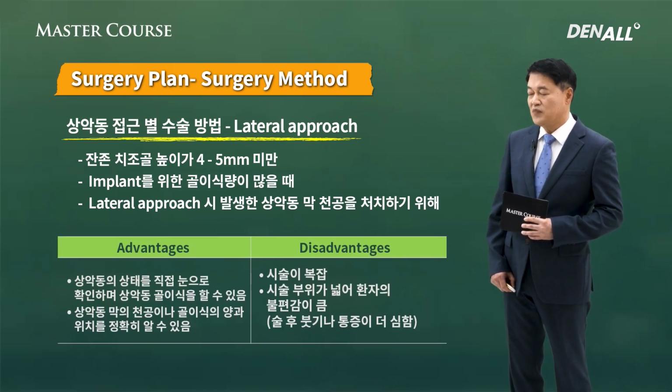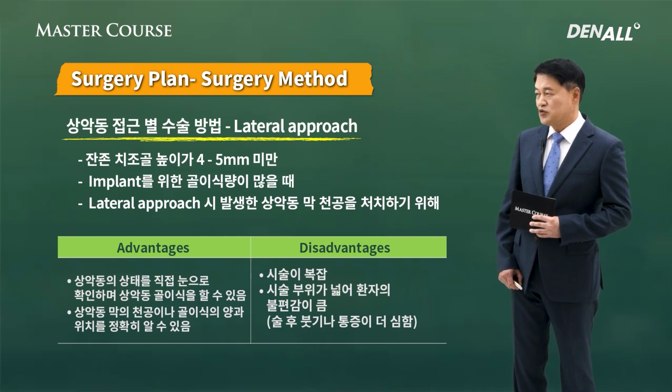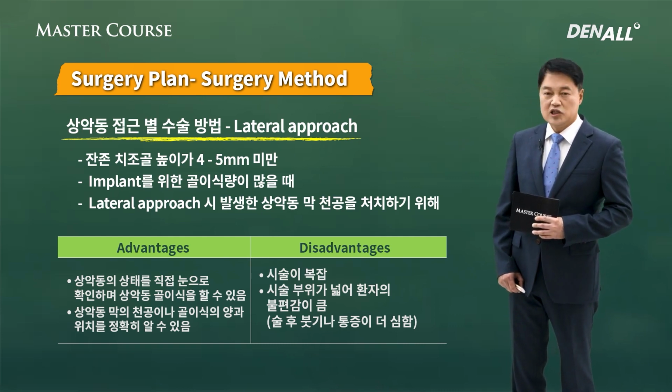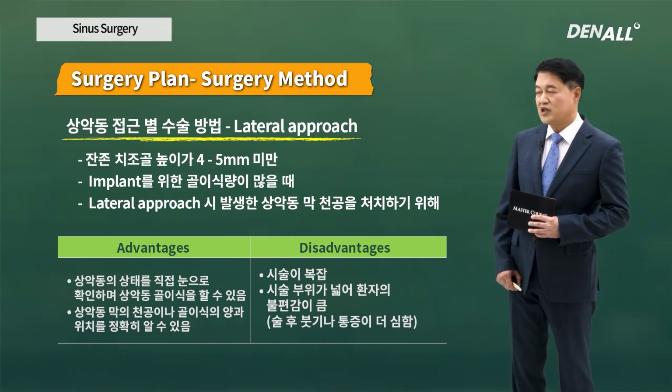Also, you can check the perforation and see the amount and position of the bone graft. Disadvantages include that it's complicated and the surgical site is extensive, so patient discomfort can be experienced and there could be swelling or pain.